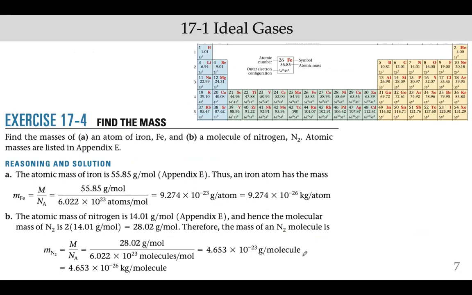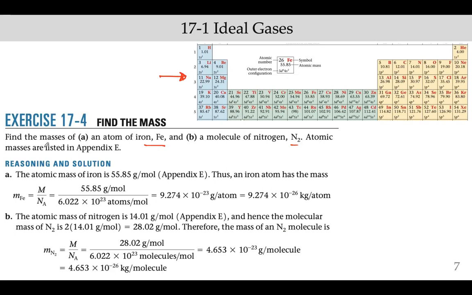Okay, here's an example. Find the masses of an atom of iron and a molecule of nitrogen. Atomic masses are listed in Appendix E of the book, where you will also find this periodic table.